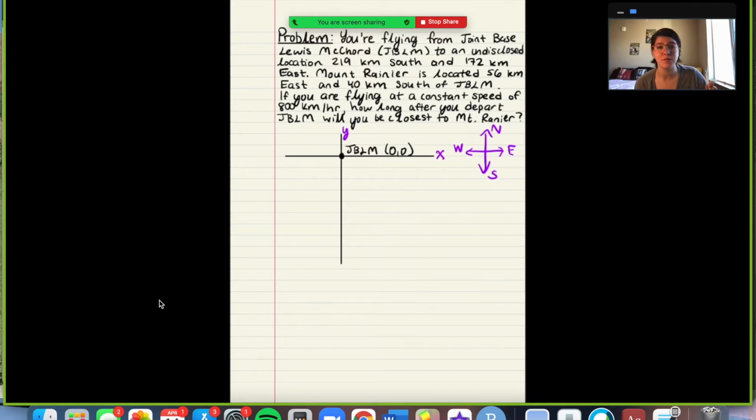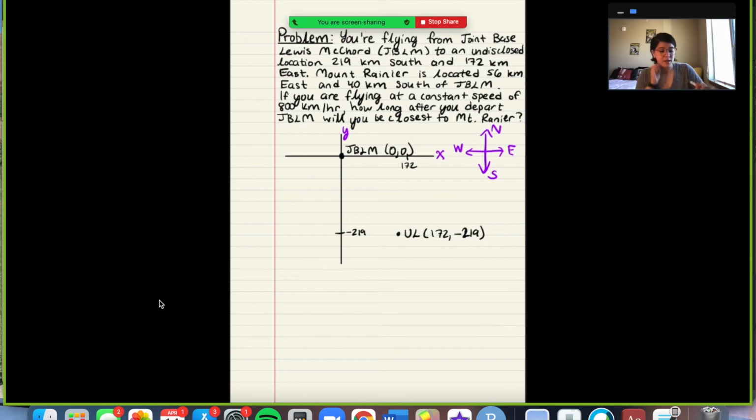So 172 kilometers east would be positive, somewhere around here. And then we're moving 219 kilometers south, so we're somewhere around here, where this is negative 219 on the y-axis and positive 172 on the x-axis. So this is our undisclosed location at the coordinate point 172, negative 219.